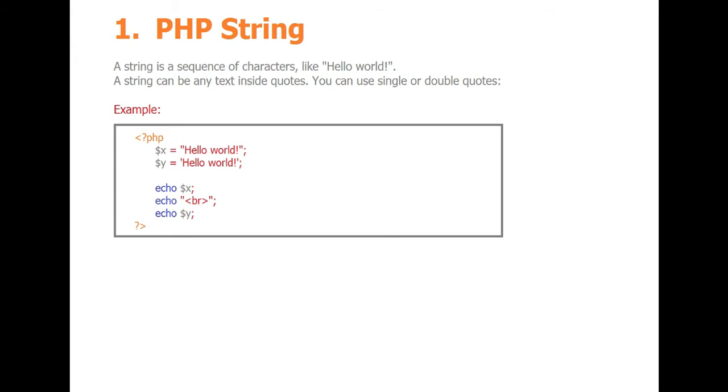It can be single or double quotes. It's shown below in the code section. So the first point is PHP string. Now we're going to see practically how it can be handled and how it is to be used.